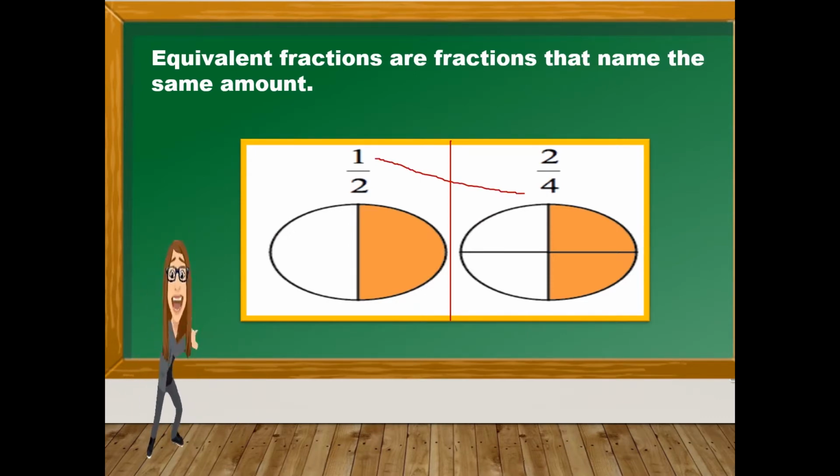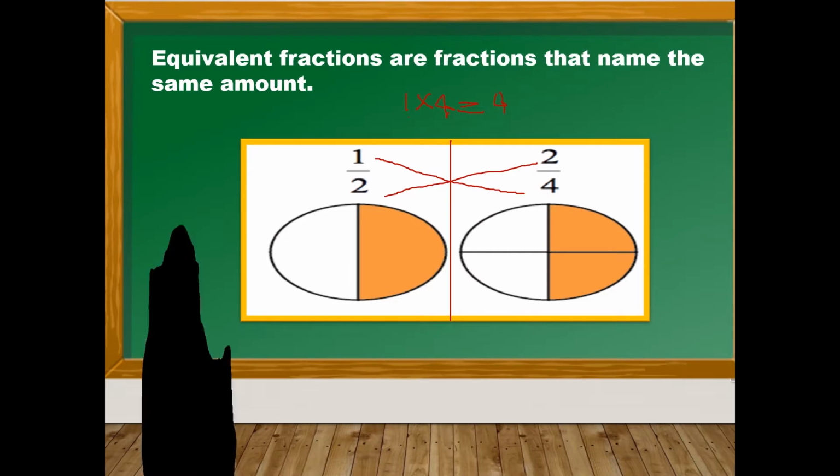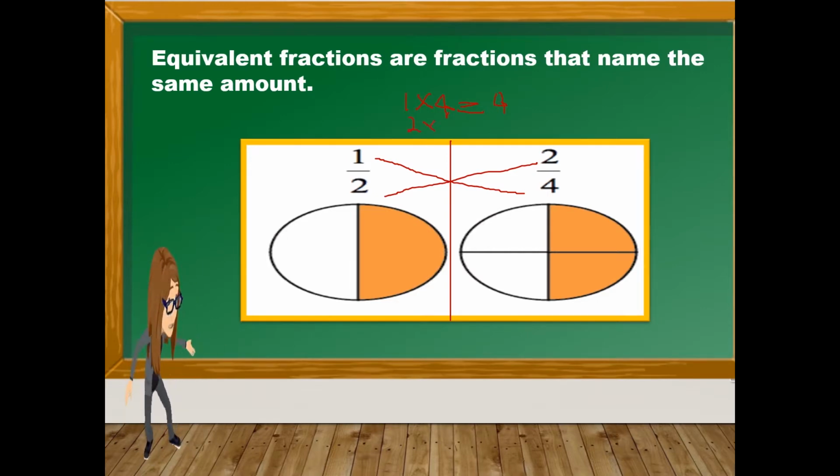So 1 times 4 is 4, and 2 times 2 is also 4. Therefore, we can say that these fractions are equivalent or equal.